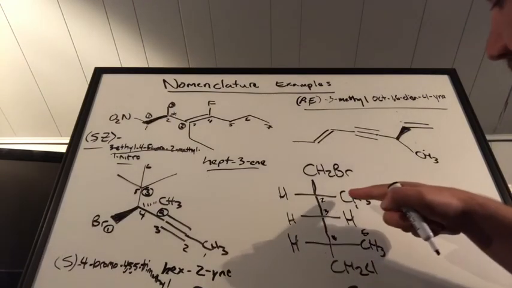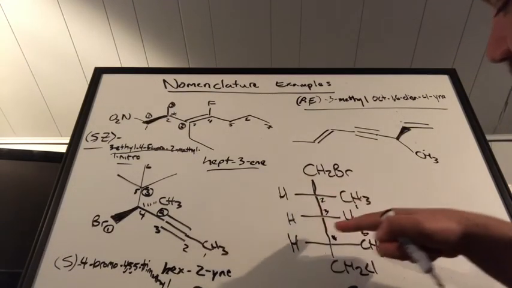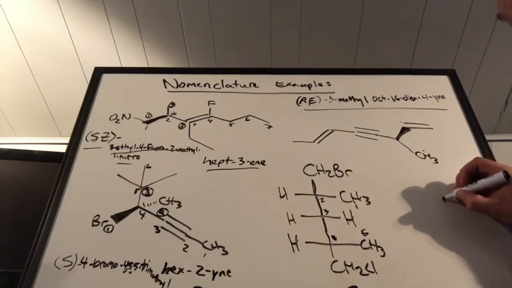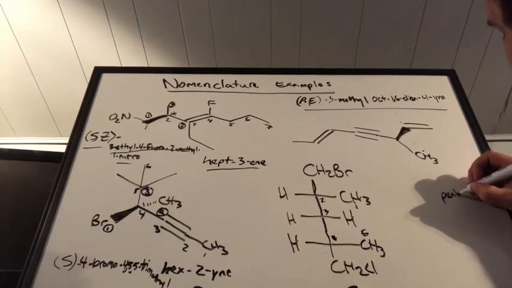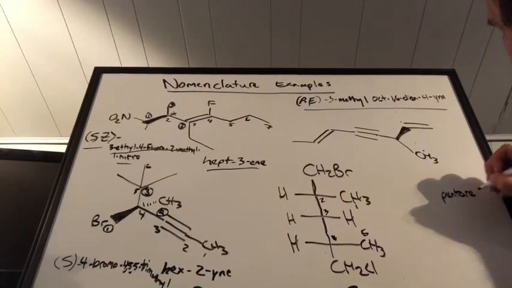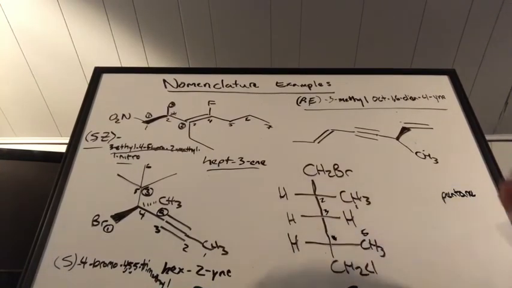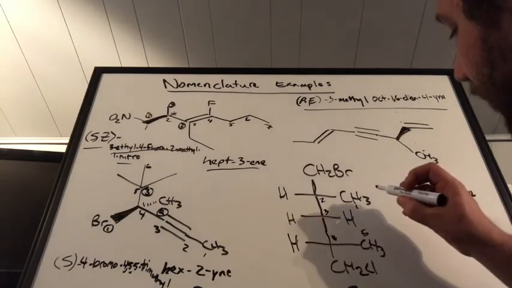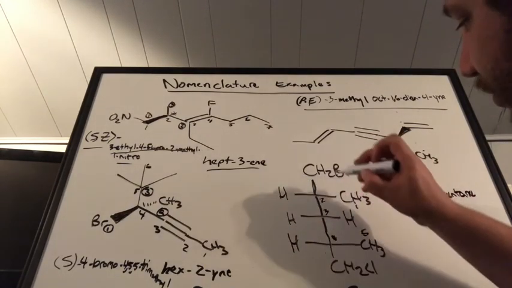We're just going to go with 1, 2, 3, 4, 5, so it's going to be pentane as the root. We don't have any unsaturation here, so it's just regular old pentane with things branched off of it.